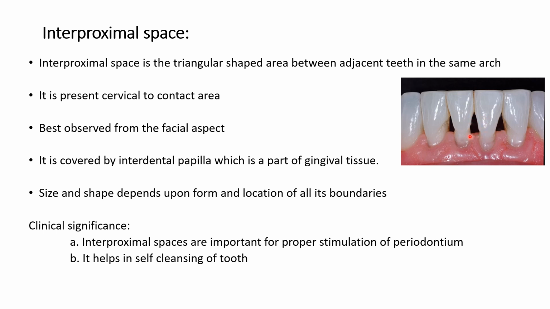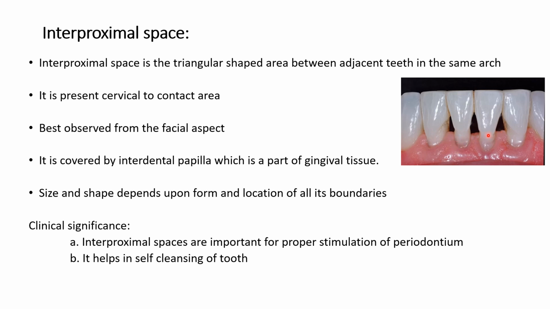So what is the clinical significance here? The interproximal spaces are important for proper stimulation of the periodontium. As I mentioned earlier, if the triangular shape is proper, then the health of the interdental papilla and periodontal ligament is also maintained.